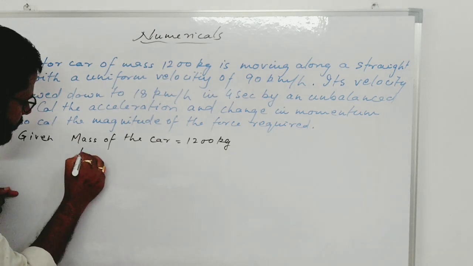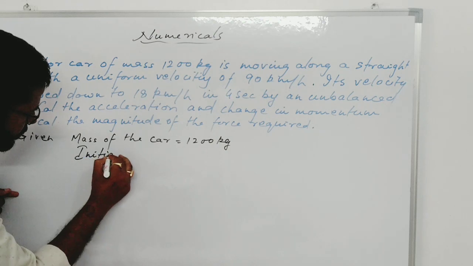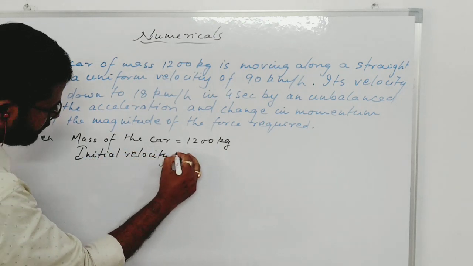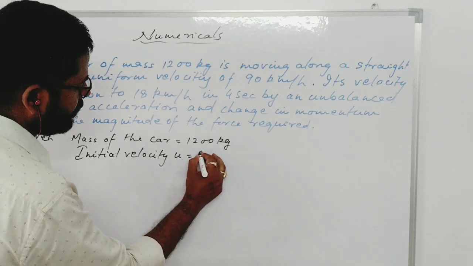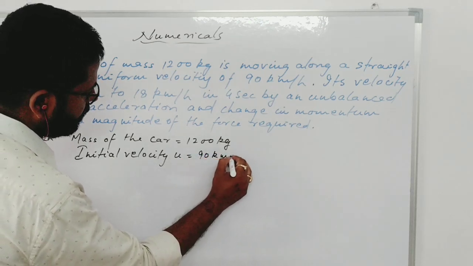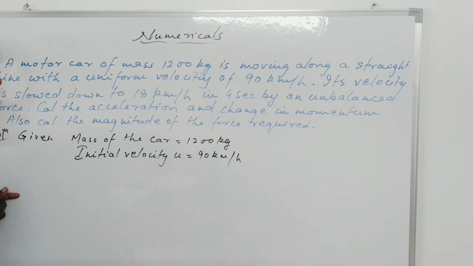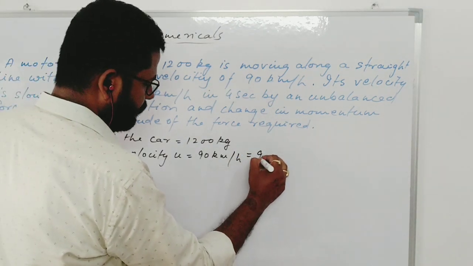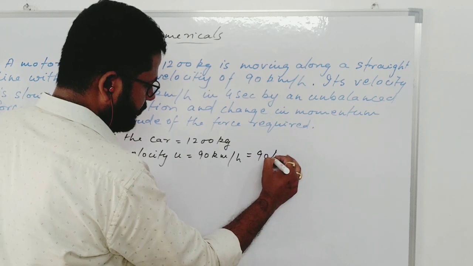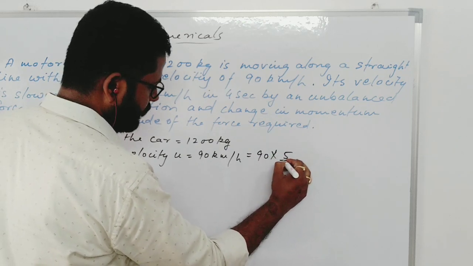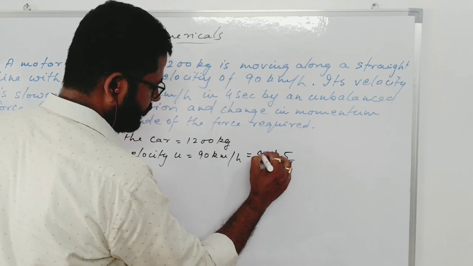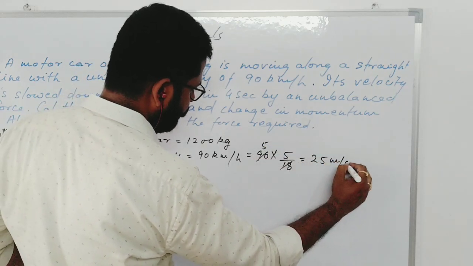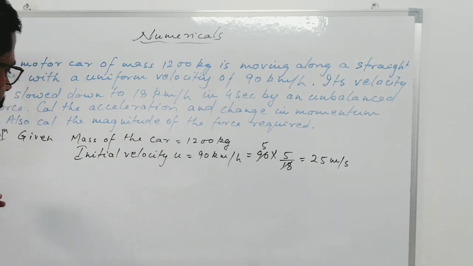Initial velocity is given, u is equal to 90 kilometer per hour. Change this into meter per second. For changing, we have to multiply by 5 upon 18, and that will come 25 meter per second. Got it?